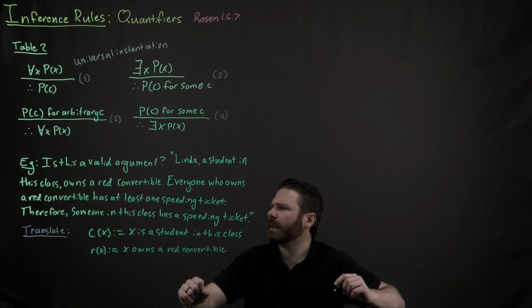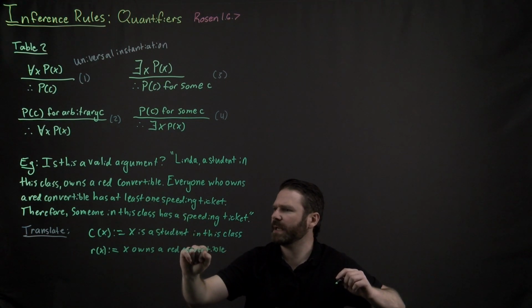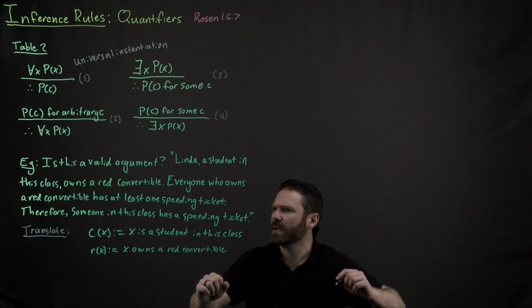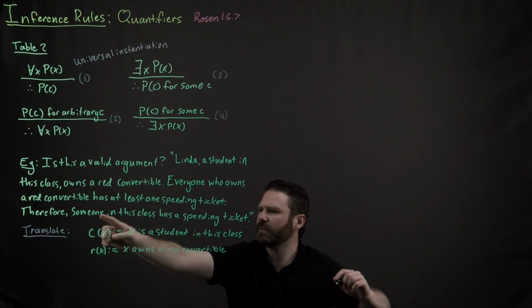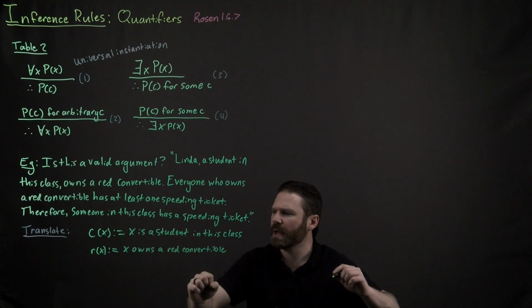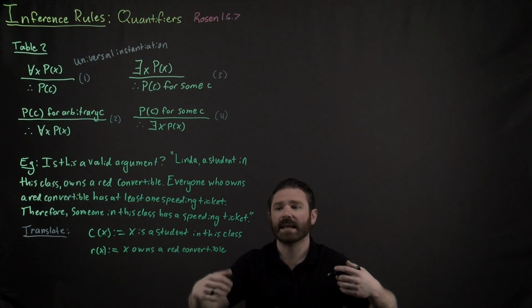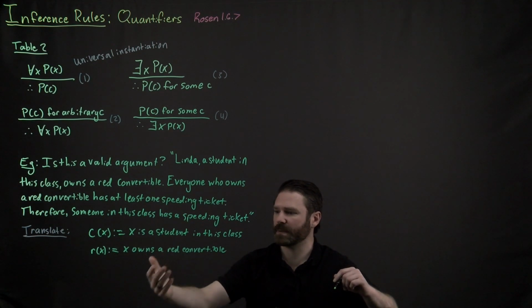And then I have this one last thing: at least one speeding ticket. Someone in this class has a speeding ticket. Since this has an existential quantifier with this statement and also a universal quantifier with this statement, I'm going to have to introduce another propositional function that represents having a speeding ticket.